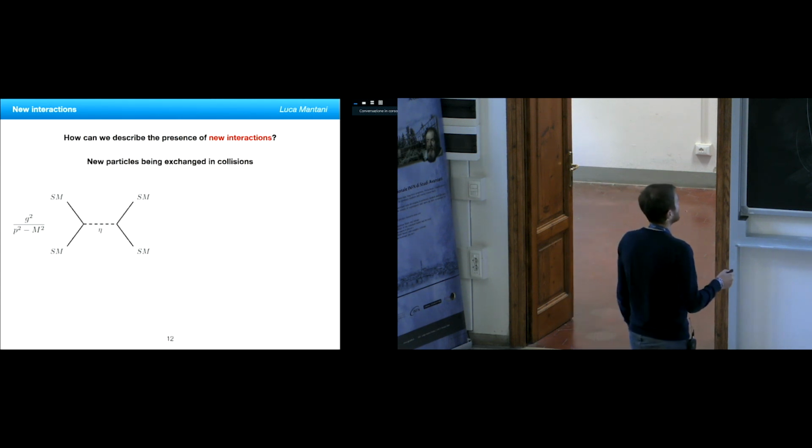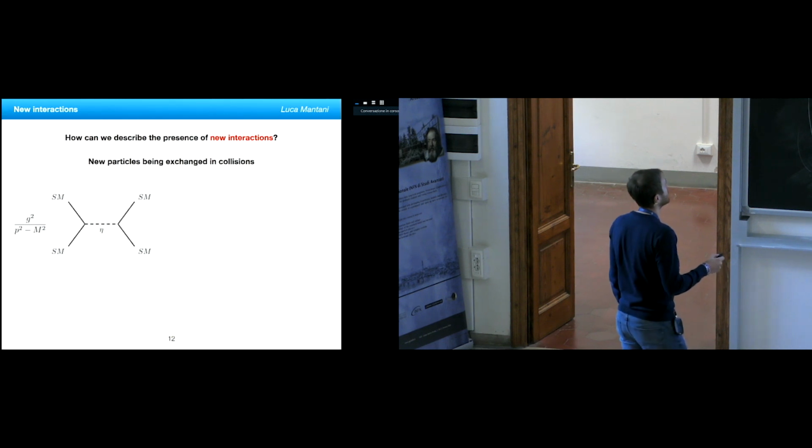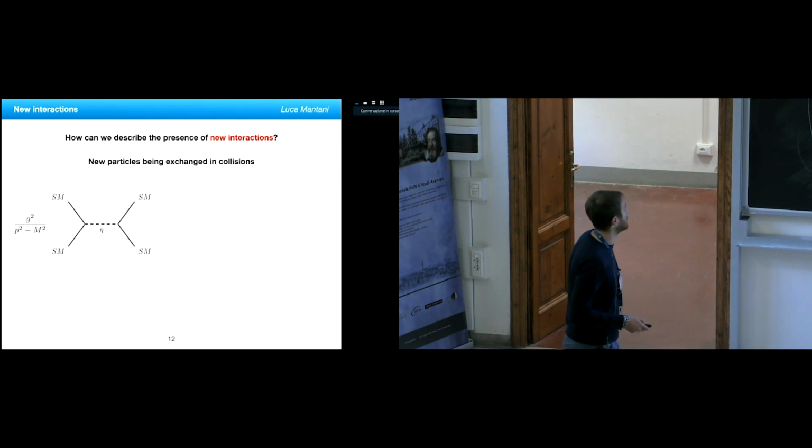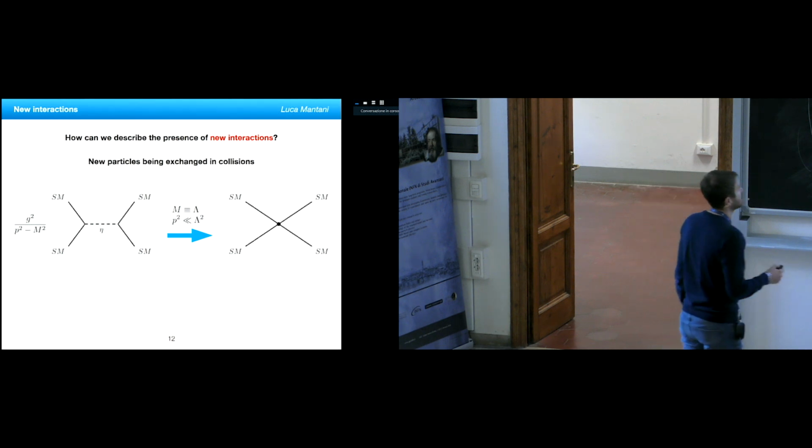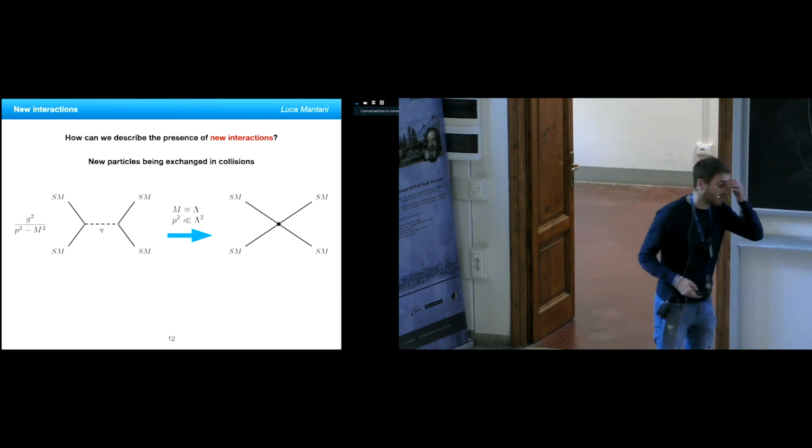The propagator is the usual propagator, and if we do not have energies close enough to reach the mass of the new particle, and actually if it's much smaller, what happens is that this diagram can be described by this sort of contact interaction.